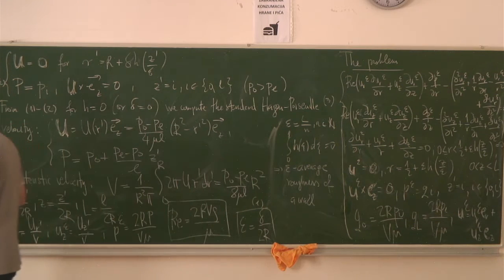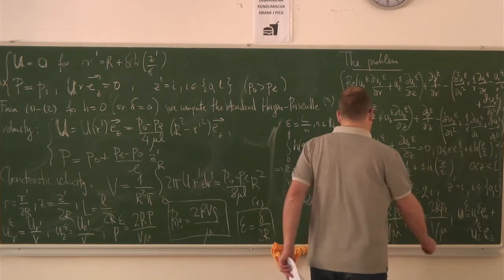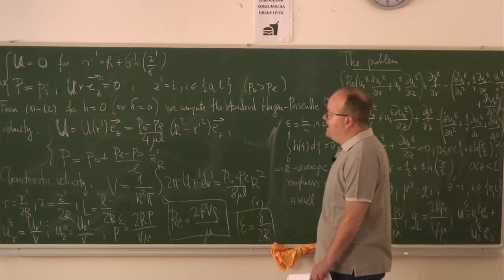Okay, so this is the formal description of our problem. I made a brief introduction. I wrote the problem in dimensionless form, and now we proceed to the analysis and the main ideas from the analysis.